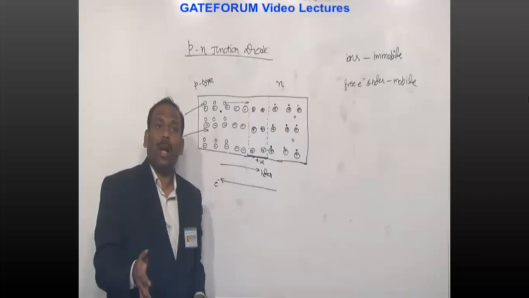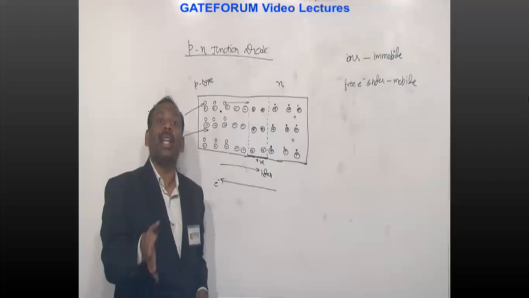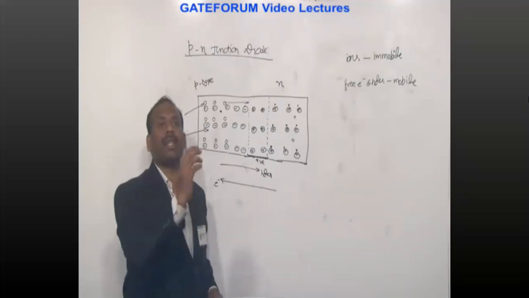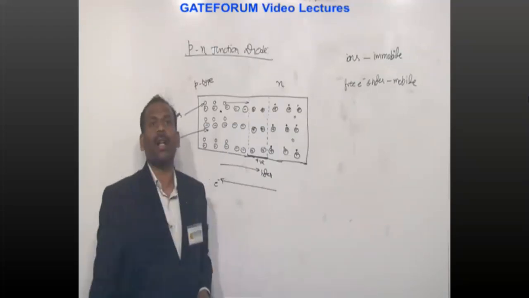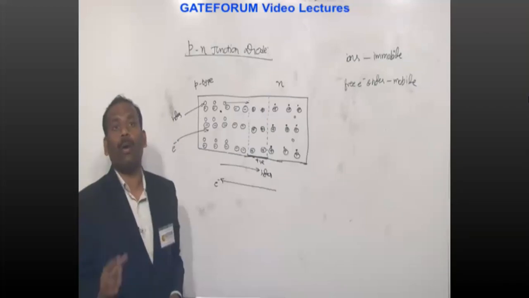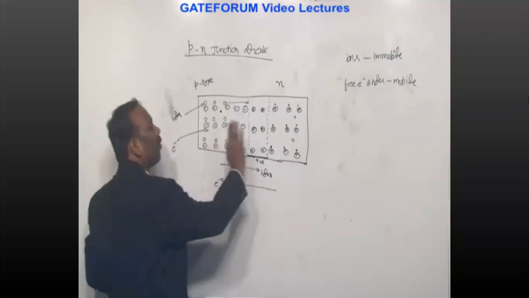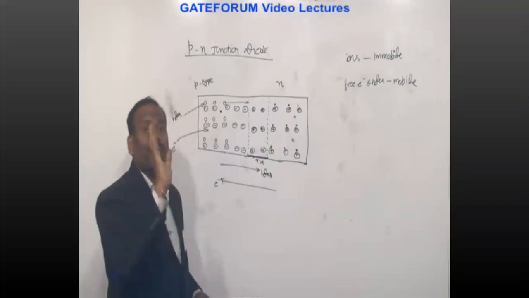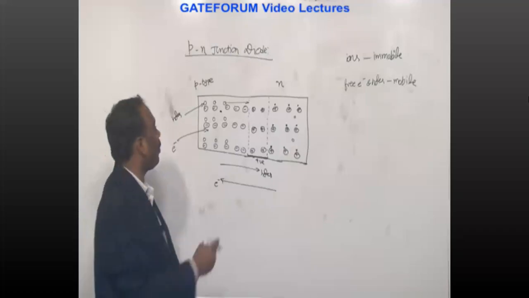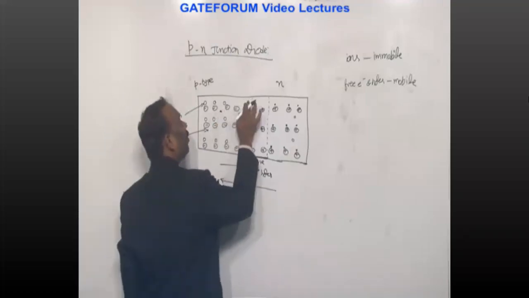Now the positive charge due to ions is sufficient to oppose the movement of the positive hole. Therefore, there is no further diffusion. Diffusion will be stopped. Therefore, it will not move.